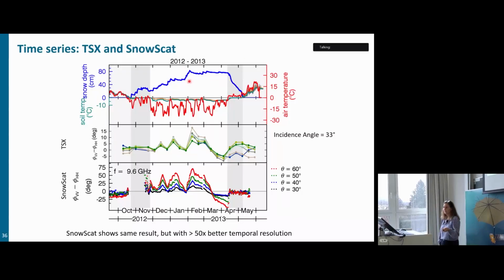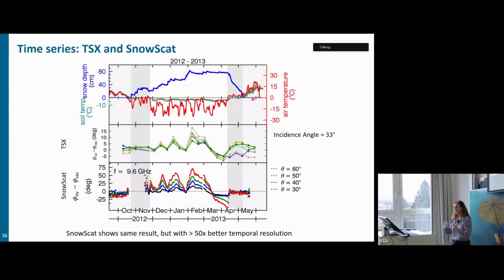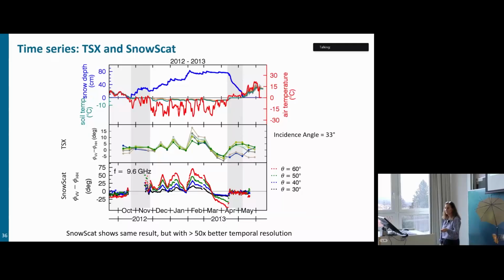It's a time series between 2012 and 13, starting in October with the first snow accumulating, going up, and then going down in April, May, where we have less and less snow as precipitation, and therefore a lot of melting and high temperature. You see it also here: low temperature, and then plus temperatures at these borders.